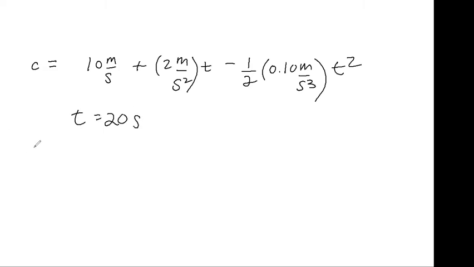And let's see, I'm going to get 30 meters per second. V max equals 30 meters per second.